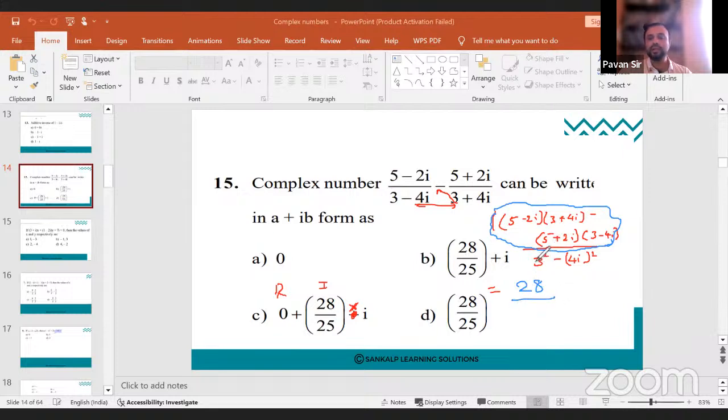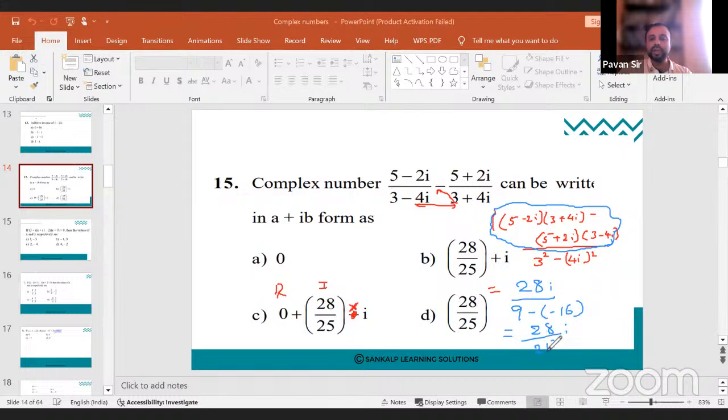In the denominator, 3 square will become 9, minus 4i square. i square is -1, 4 square is 16, so minus 16. So 28i upon 9, minus of minus will become plus, 9 plus 16 is 25.